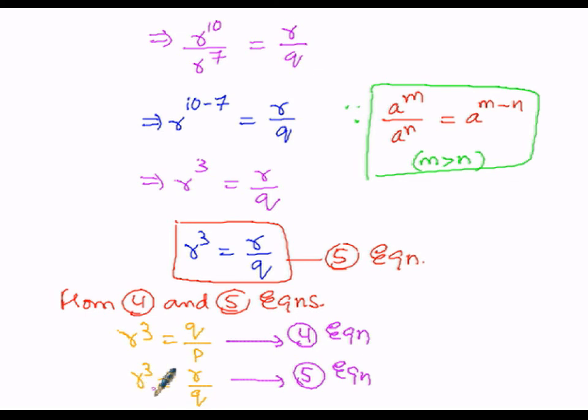Since left hand sides are equal, hence the right hand sides must be equated. So we can write Q by P must be equated to R by Q.